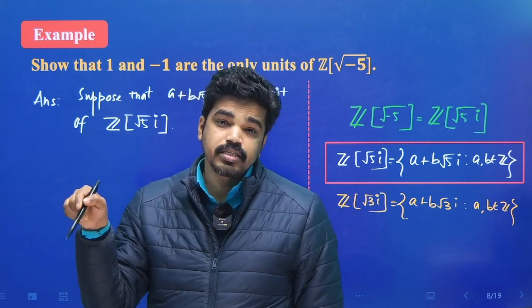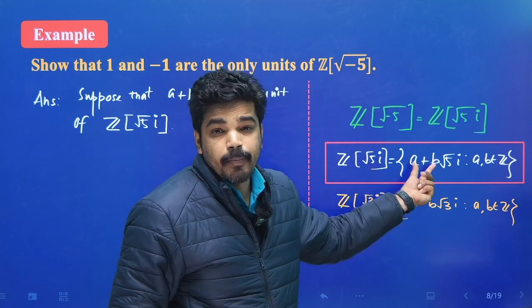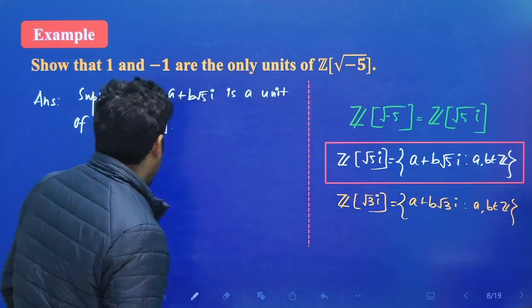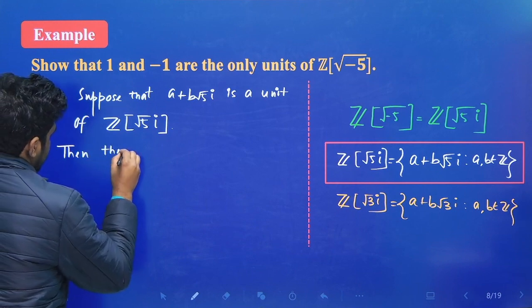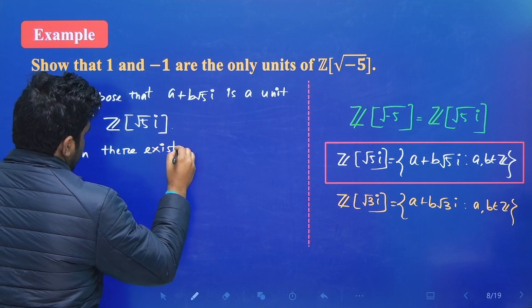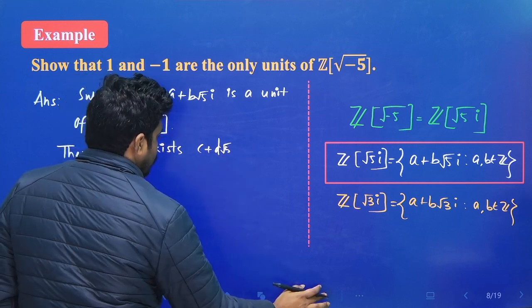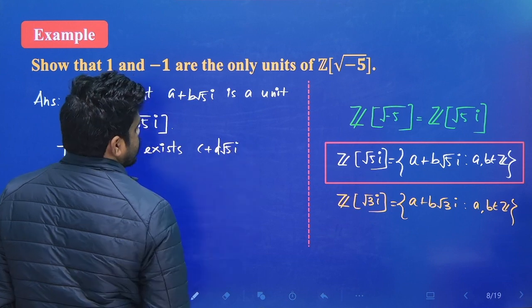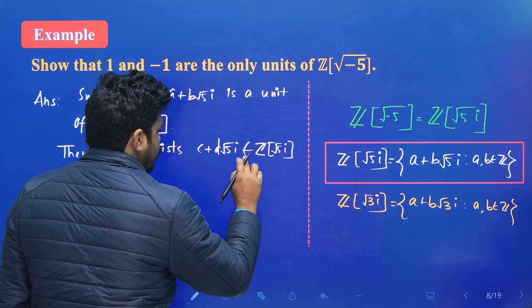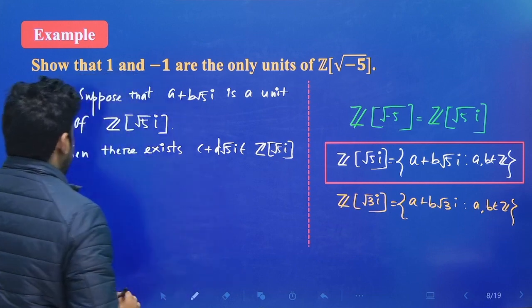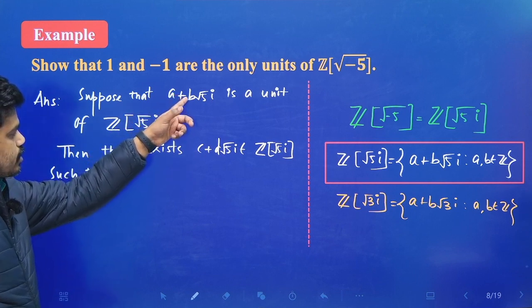suppose c plus d root 5i, because the elements of Z[root 5i] will be in the form a plus b root 5i. So there exists an element c plus d root 5i, which is an element of Z[root 5i], such that, just see, suppose this is a and this is b.